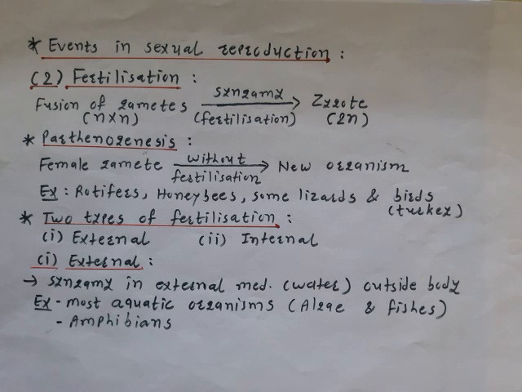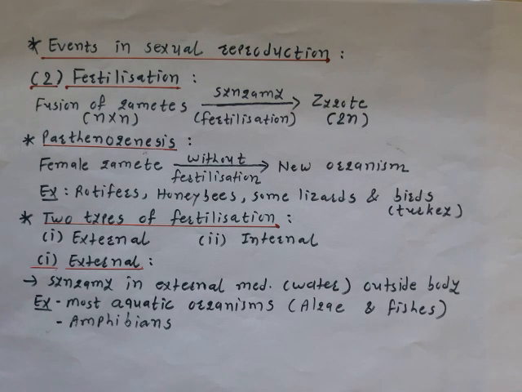There are two types of fertilization, external and internal. As the name suggests, external means outside of the body, internal means inside of the body. First, the external type of fertilization.